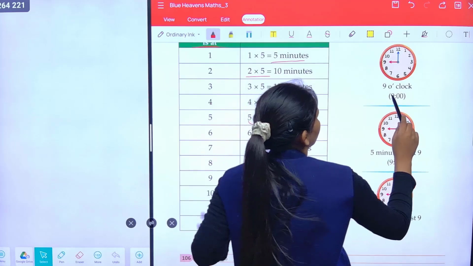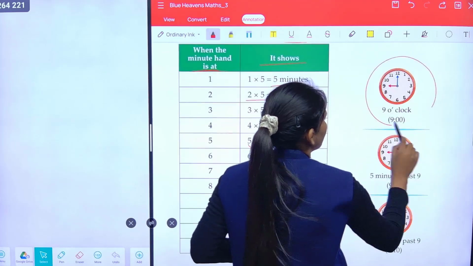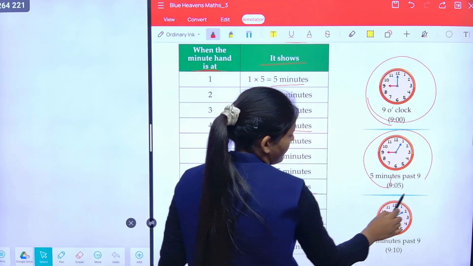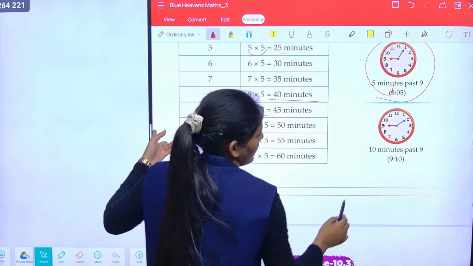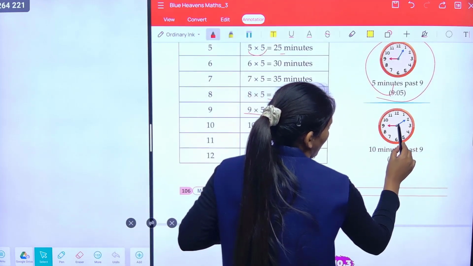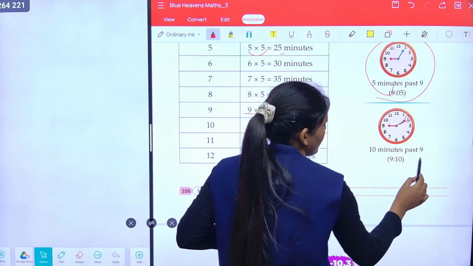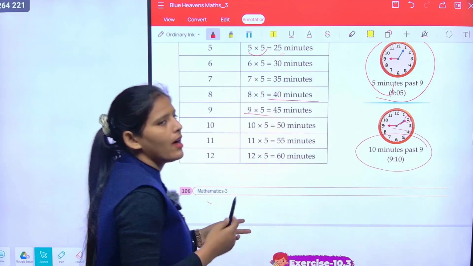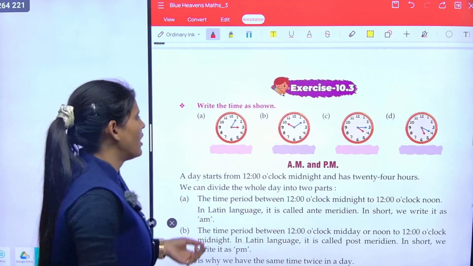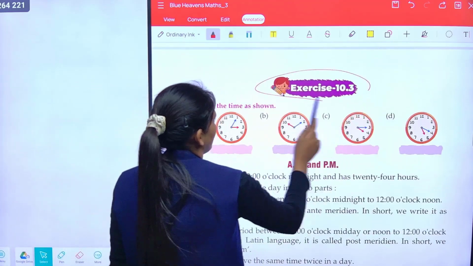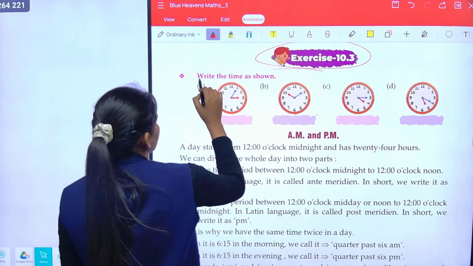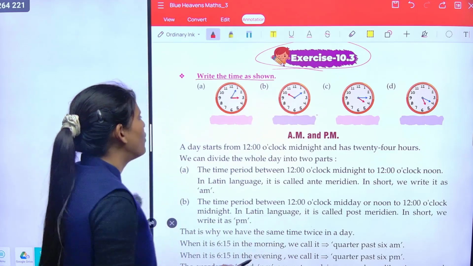In this clock, the time is 9 o'clock. Now 9:05, 9:10, because the minute hand is on 2, so it is 10 minutes past 9, so 9:10. Now come to exercise 10.3. Yes class, write the time as shown.